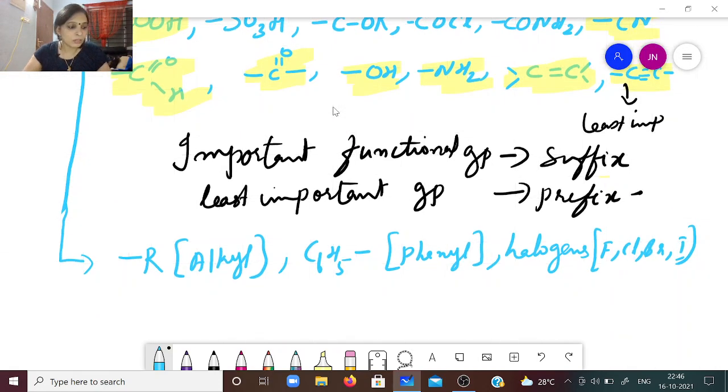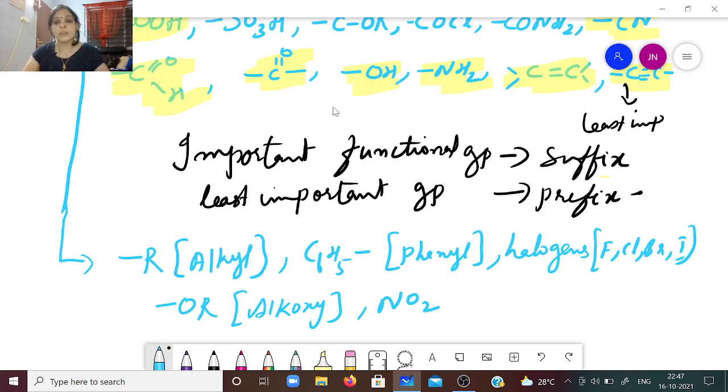Alkoxy is OR. Then next is NO2, nitro group. So these are the subordinate functional groups which will always be used as prefixes.